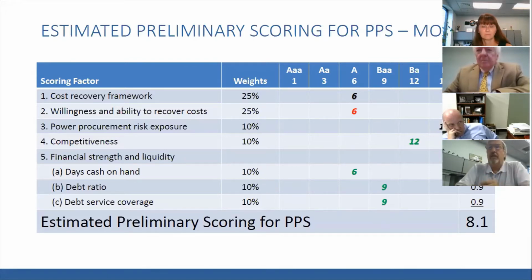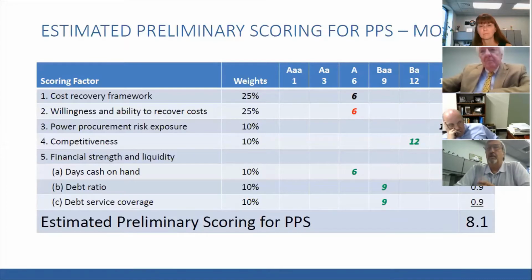And some of these, like the black 15 you see, that is power procurement. That's because we have a pretty significant chunk of coal capacity, and that's not necessarily something we can move easily. We think about it all the time, and are constantly doing everything we can to lower the cost associated with that. But it's not something that we're going to be able to address in the rate study.